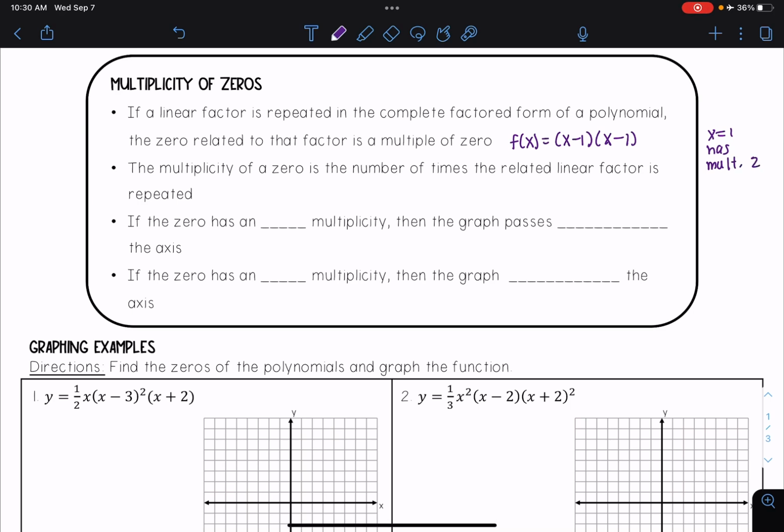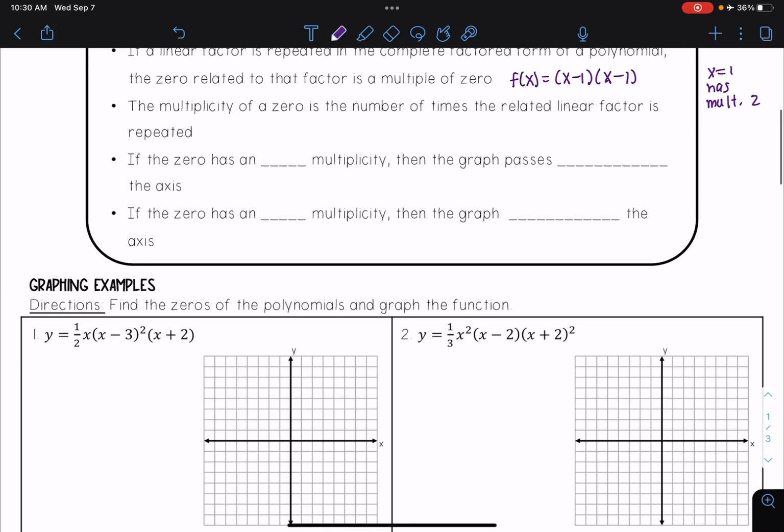And a pattern that we see with multiplicity of zeros is that if the zero has an odd multiplicity, then the graph passes through the axis at that zero. So that would look like if I had this graph here, it passes through at that zero or that x-intercept.